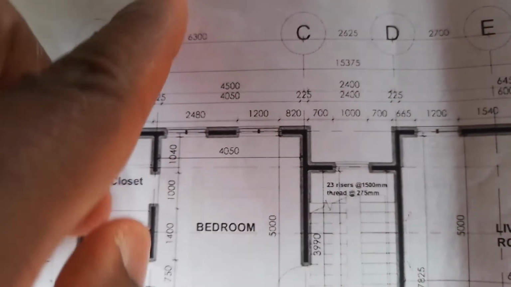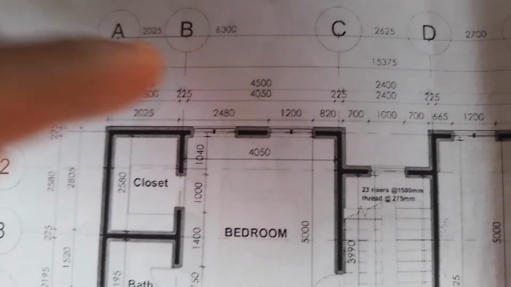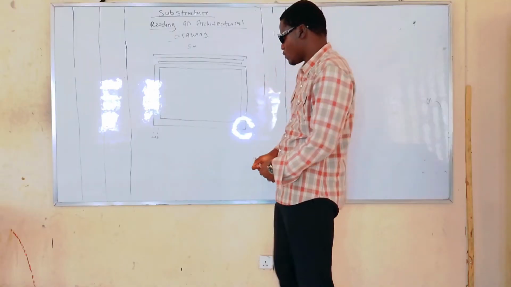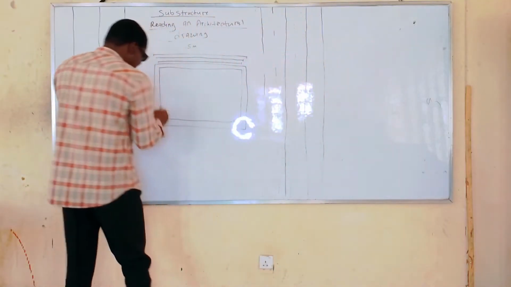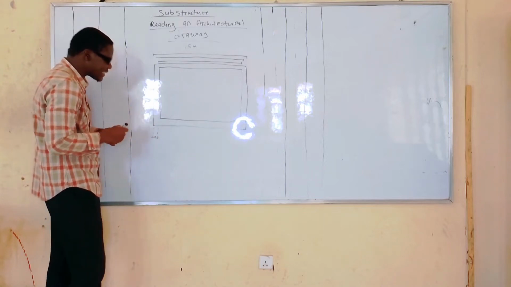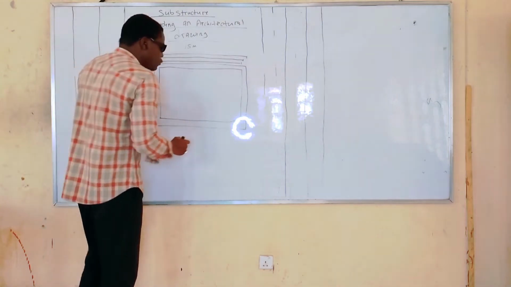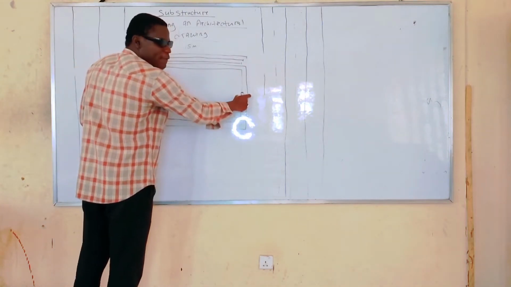So this is a center to center dimension. Since this block is 225, the center will be half of 225.